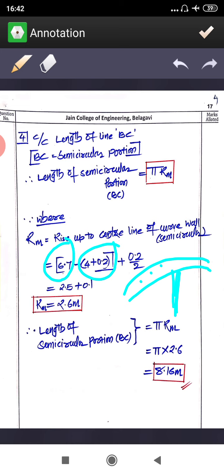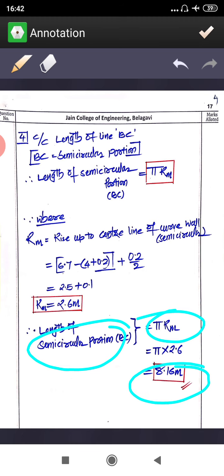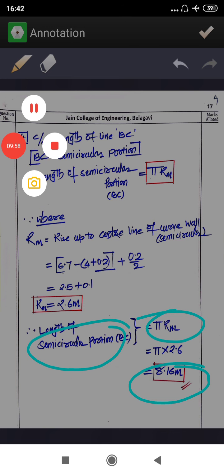That I did here: plus 0.2 I have added, so that will take you to the center, which is 2.6 meter. The length of the semicircular portion BC is equal to pi rm. rm is 2.6, so you'll be having the length of BC as 8.16 meters.